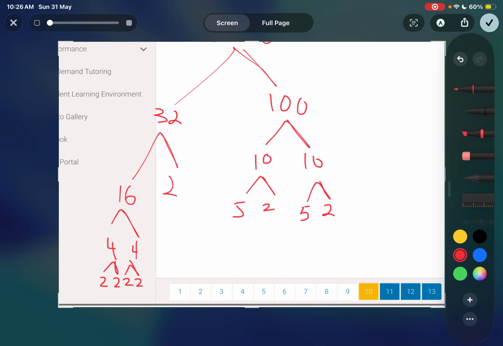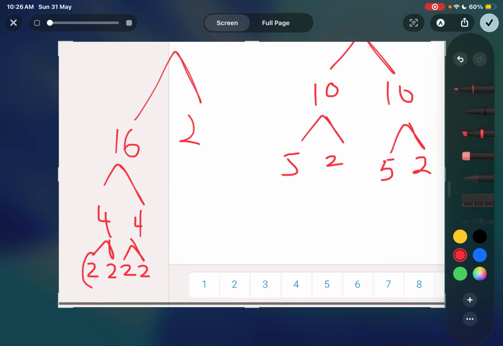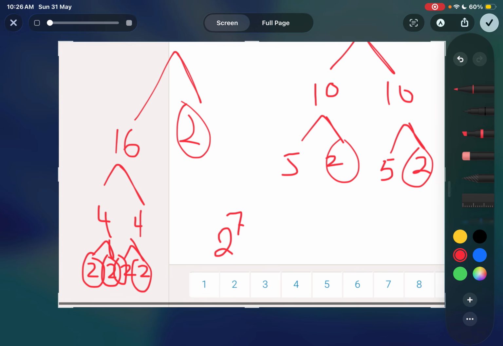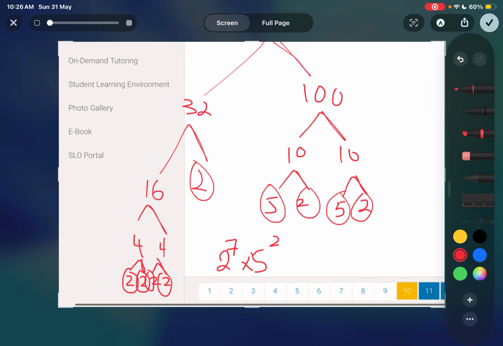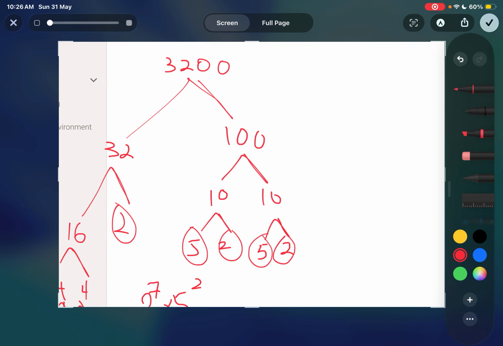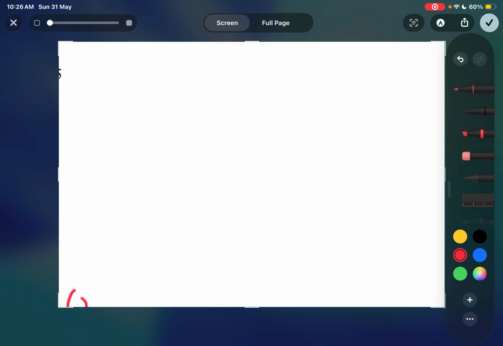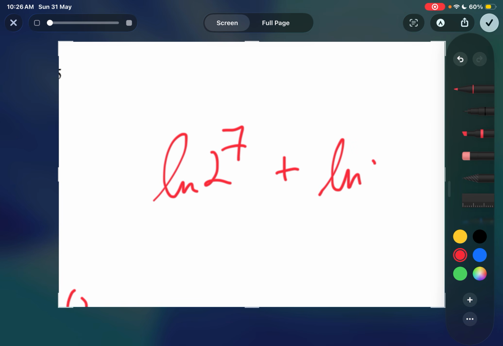So this is 2 to the power of 7, because there's 7 2's, times 5 to the power of 2. If you put in the calculator 2 to the power of 7 times 5 to the power of 2, it will become 3200. So now it will be ln of 2 to the power of 7 plus ln of 5 to the power of 2.